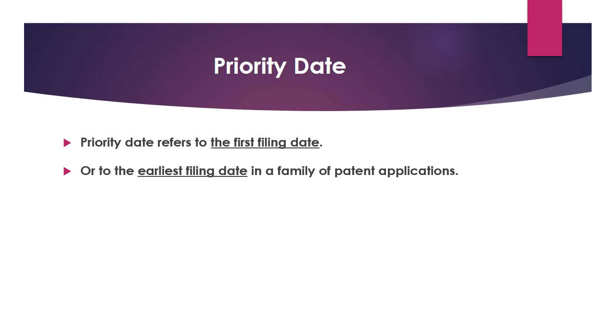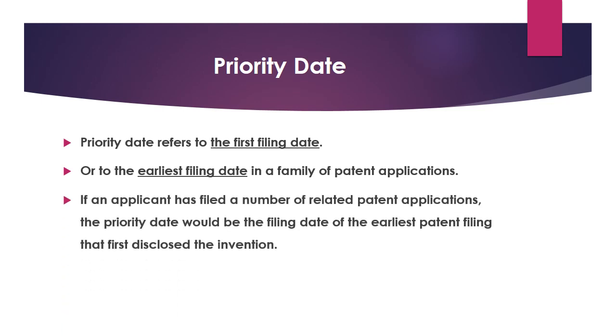Later on you can file 7-8 more, but your priority date will be considered as your first filing date. Next, if the applicant has filed a number of related patent applications, the priority date would be the filing date of the earliest. I already explained this. Basically it means wherever you disclose your invention the first time, that date will be considered as the priority date.